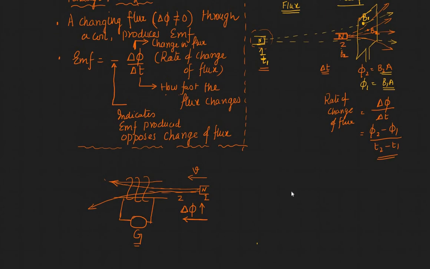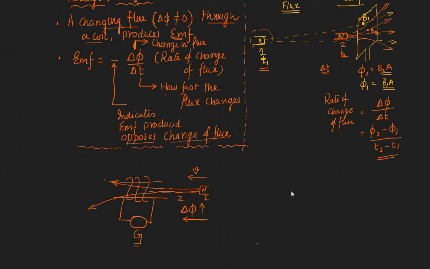Here you see, a changing flux through the coil produces an EMF. So there's an EMF produced in the coil. And the EMF is produced such that it opposes the change of the flux.